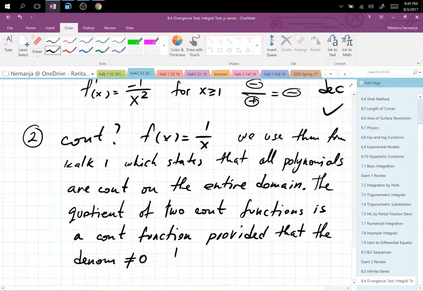Now in our case, I have 1 divided by x, but x is bigger than 1, so this is 1 over 1, 1 over 2, 1 over 3. It's never 1 over 0. Therefore, continuous.